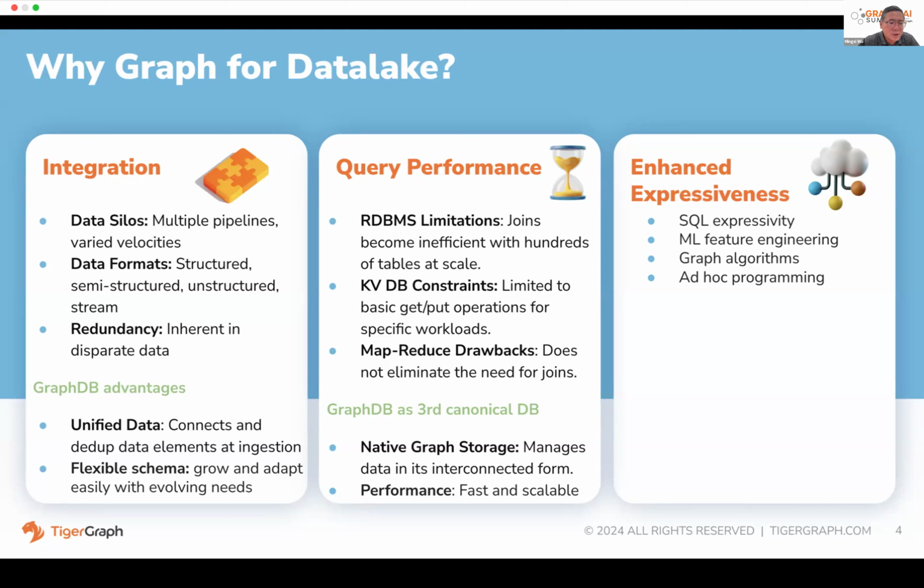Also, the heterogeneity comes in different formats. You have structured relational tables, semi-structured JSON and XML files, and more and more unstructured multimedia data, such as documents, images, and video streams piling up on your object store.